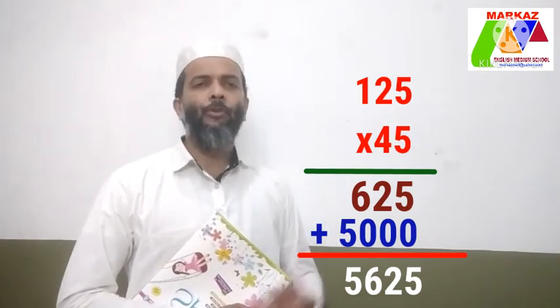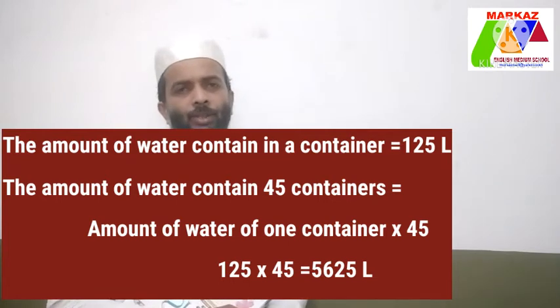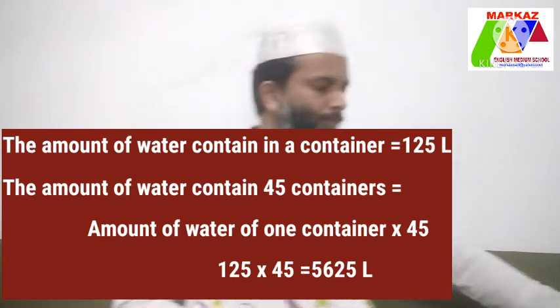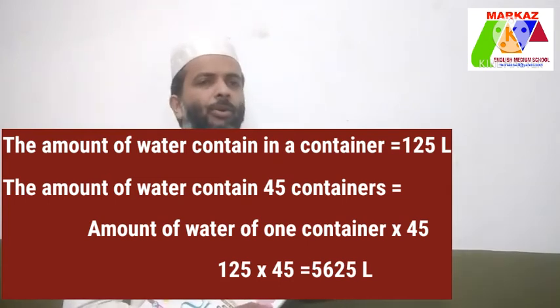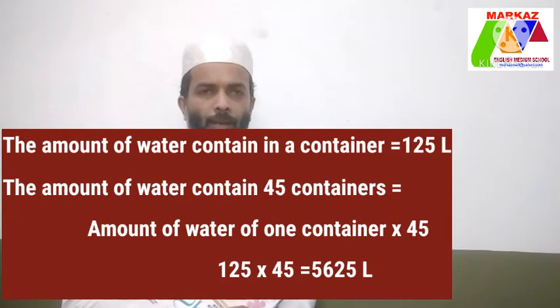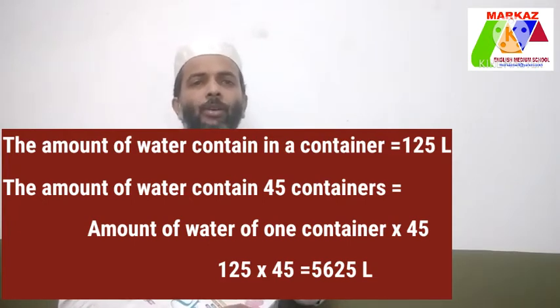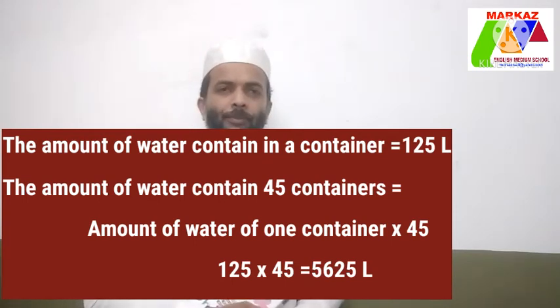The amount of water contained in 45 such containers is equal to 5625 liters. Don't forget to write liters after your answer. Okay, all of you clear? Then one more example in your textbook.